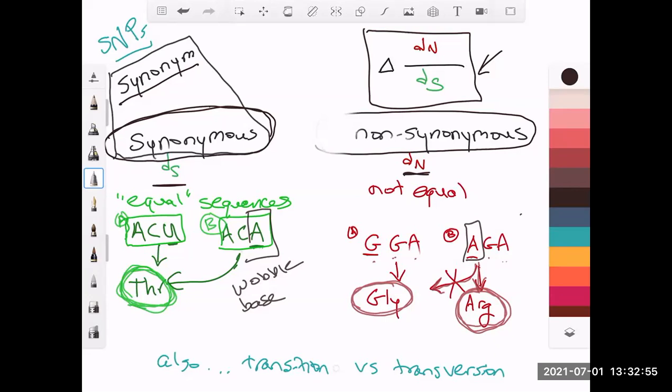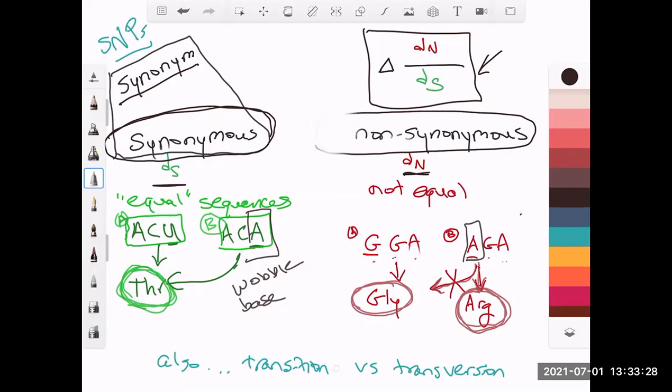Obviously, it's not the third nucleotide in the codon, sorry. It is the first nucleotide in the codon, and therefore it changes the amino acid. Now the wobble base sometimes does matter, but the third base pair is less likely to matter because of the redundancy of the genetic code, or in other words, because of the wobble base.